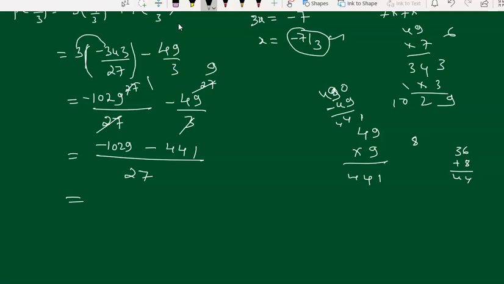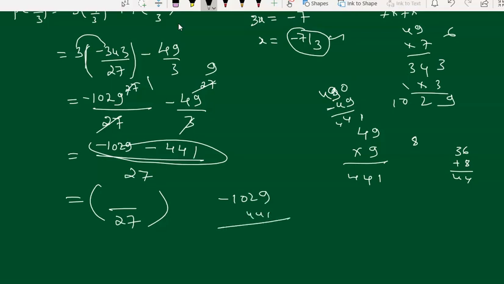So definitely, if we add this, this is not going to be equal to 0, right? Whatever the remainder you are going to get, 27 here, minus 1029 and 441. It is minus 1470, which is not equal to 0.